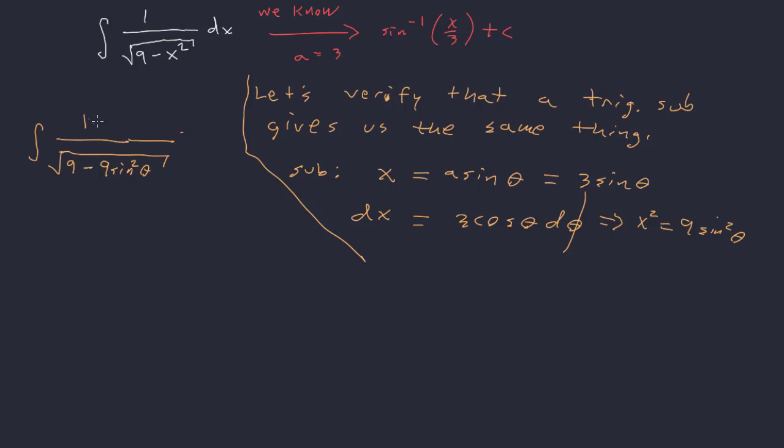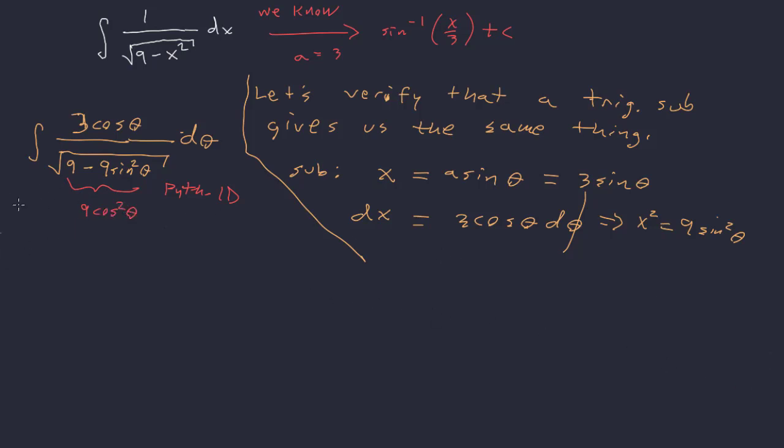I'm going to put the 3 cosine theta up here. It really doesn't matter, just to save us some horizontal space. Now, we're going to use the Pythagorean identity, and I'm going to use the quick one, which basically is that this just becomes 9 cosine squared theta.